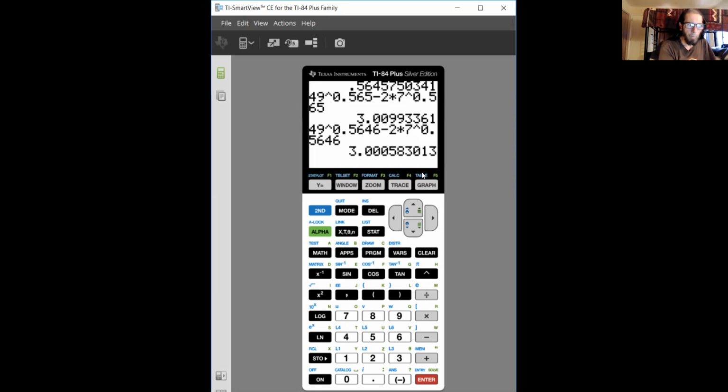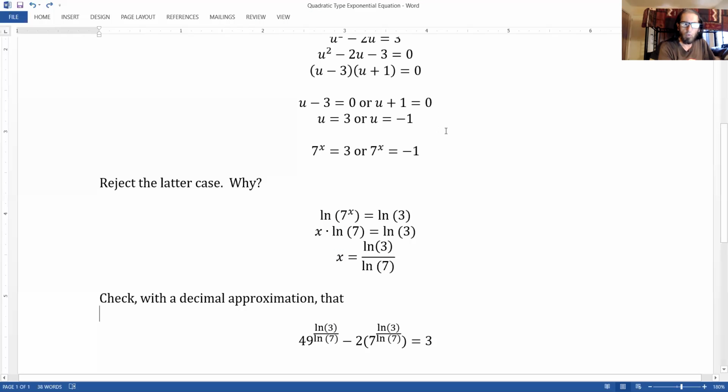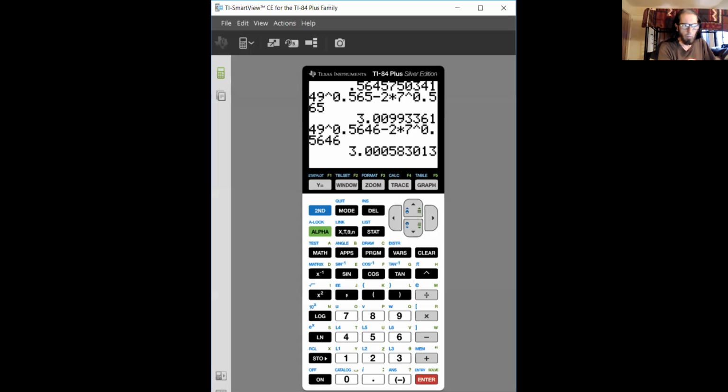Now also, if I had not recognized that we should be rejecting the case where 7 to the x equals -1, well then, if I proceeded in the same way I did here, that would have resulted in natural log of -1 over natural log of 7. And at that point, you should go, well, I can't take the logarithm of a negative number.